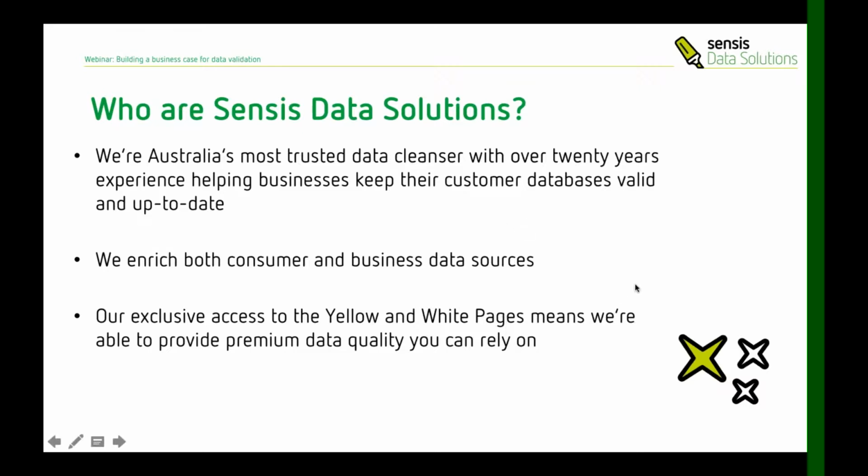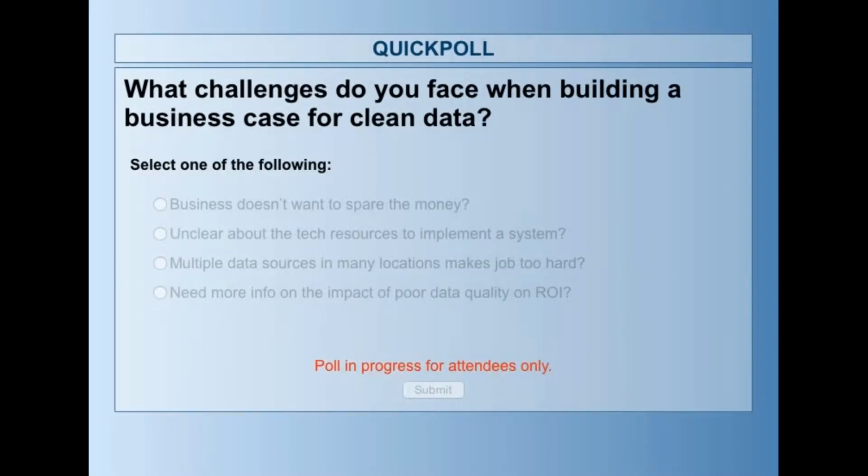Now, what we are going to do today is we've got a poll. Let me just bring this up for you to see. We've got a poll that we'd love to get your thoughts on. Our polling question is, what challenges do you face when building a business case for clean data? As you can see, there are 4 options, and you need to select one of these options.